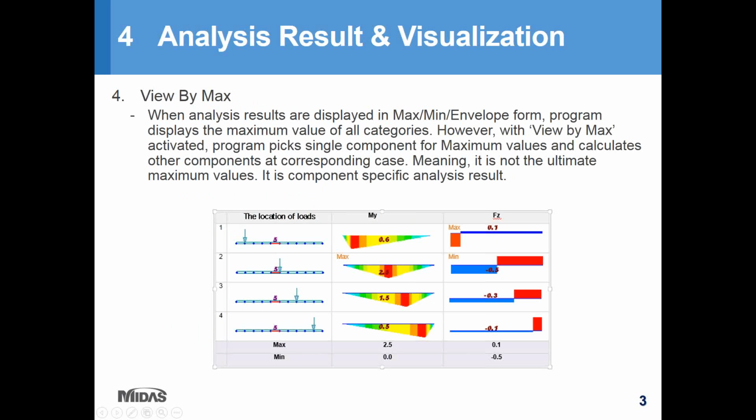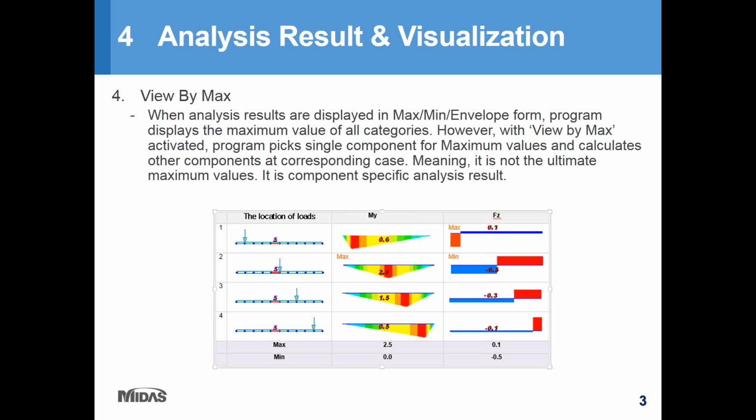The fourth option is view by max. When analysis results are displayed in min, max, or envelope form, the program displays the maximum values of all categories, meaning it will display the maximum value of all.